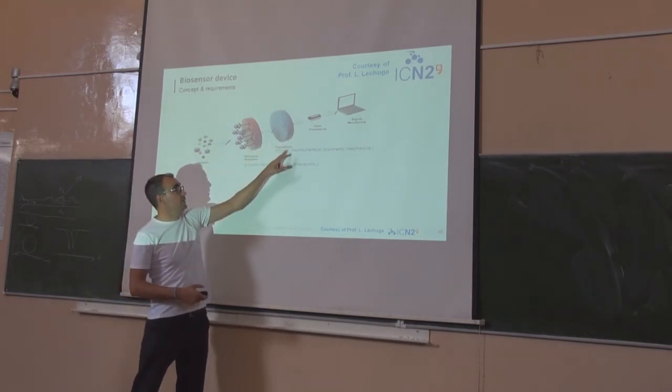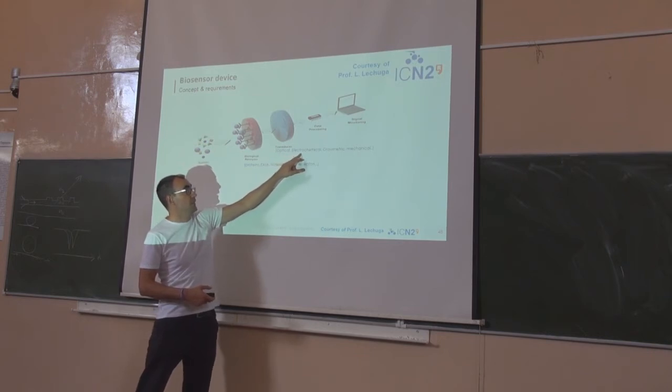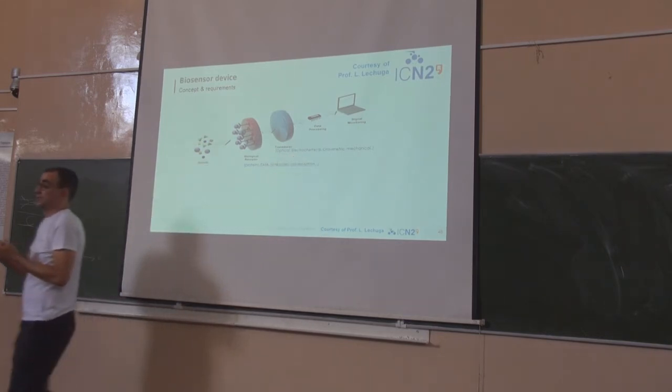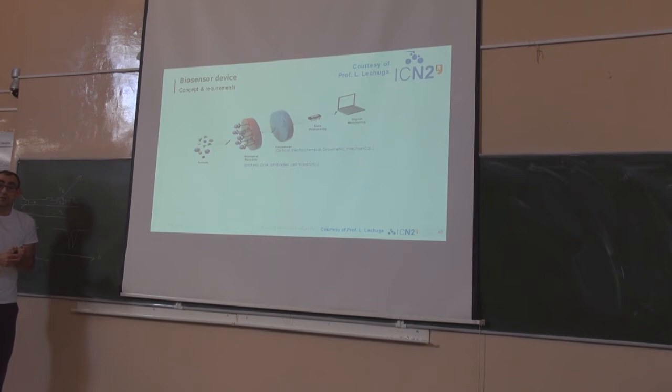The sensor does not need to be optical. It can be electrochemical, like the glucose sensors that we use in diabetes. That is an electrochemical sensor. And then you need, of course, to read the transduced signal and to process and monitor it.